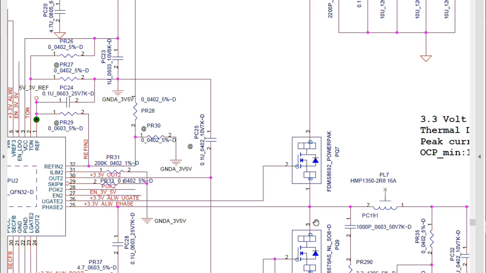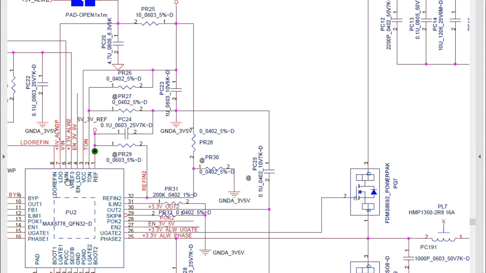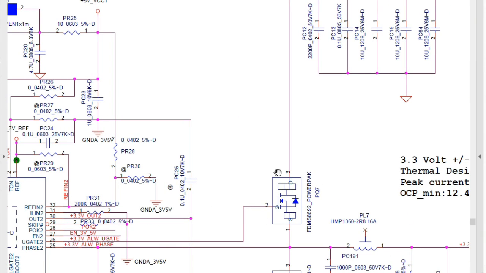This is just an example, but the working principle is the same. You can do the same with any schematic and any laptop. So the first thing is to check the 19 volt in the VIN, pin number 6 of this IC, the Max 8778, and also in the first MOSFET.